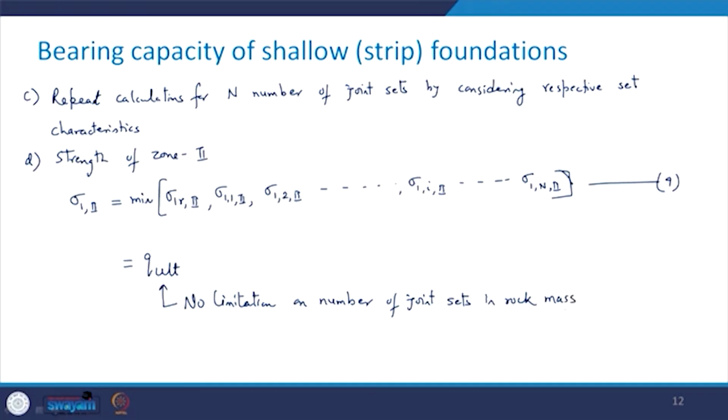So we can have as many joint sets as there are in the rock mass. So this is how you will get the strength of zone 2.